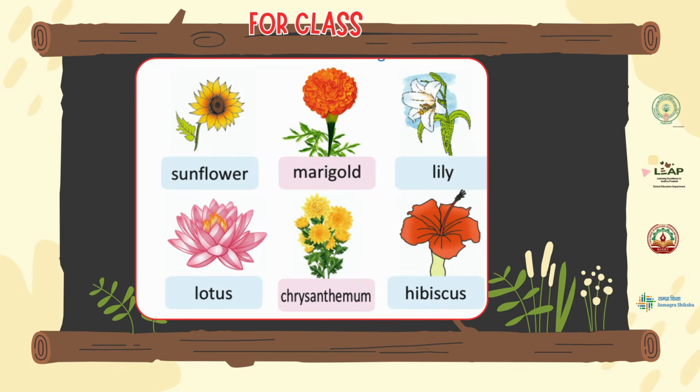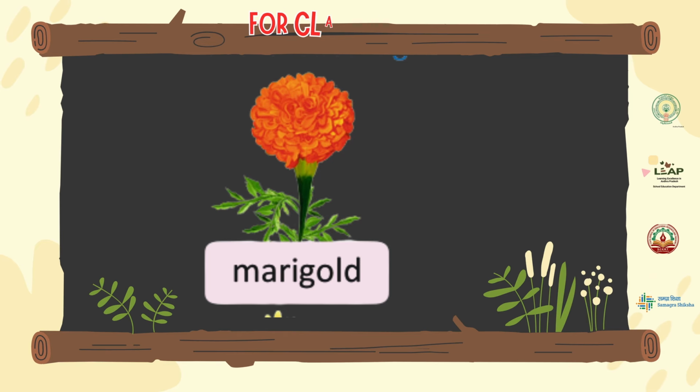Now, the third one is marigold. This is a marigold. It is round and fluffy like a ball. What color is it? Yes, yellow or orange. We often see marigold flowers during festivals and celebrations.